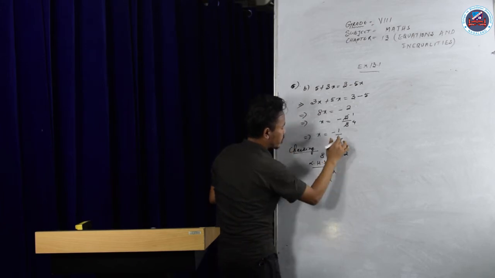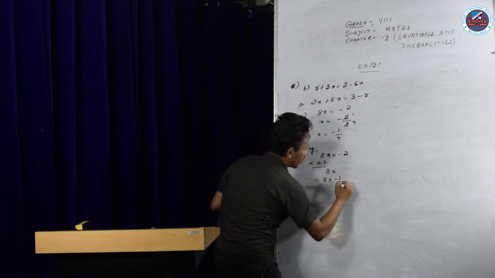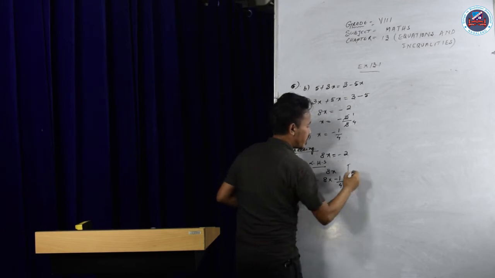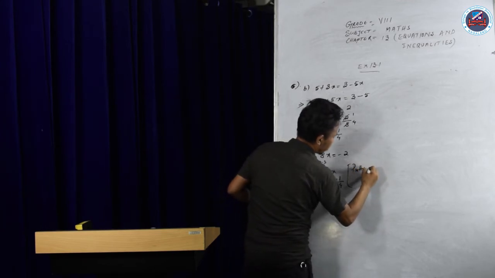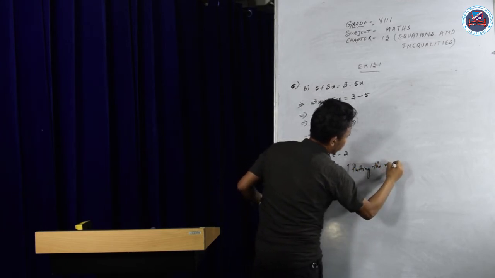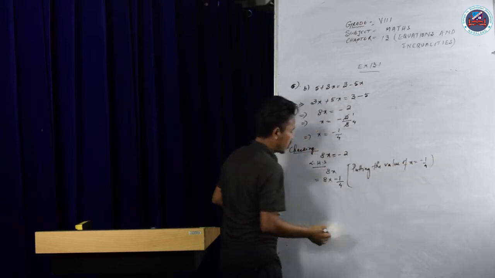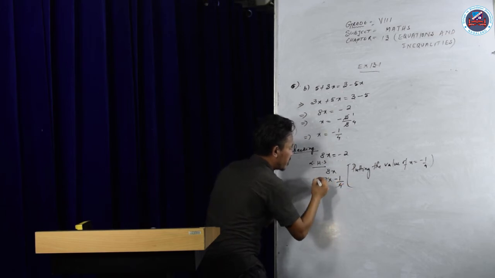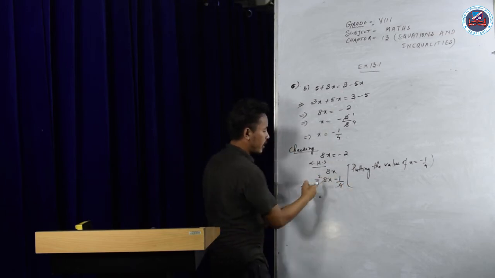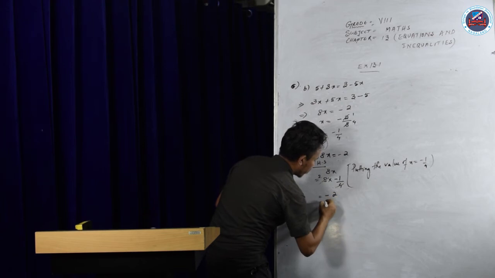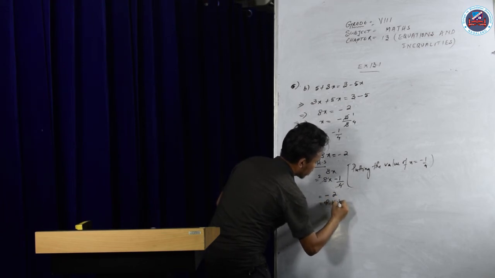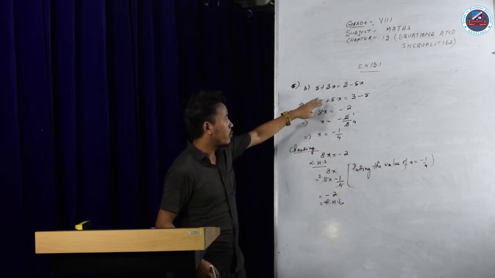What is the value of x? We got minus 1 by 4. So don't forget to mention putting the value of x equals minus 1 by 4. Here we can cancel. 4 into 2 is 8, and 2 into minus 1 gives us minus 2, which is equal to the right hand side.